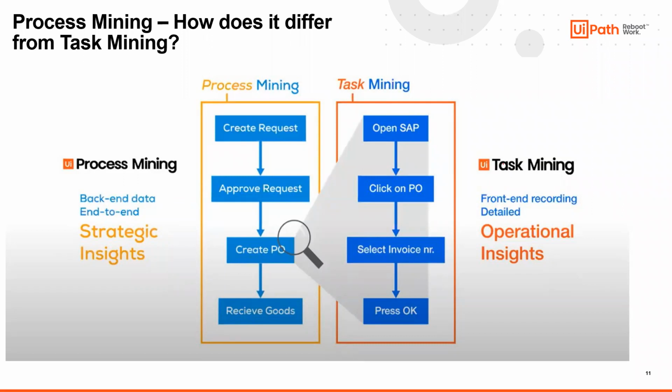What I have understood so far from your explanation is that the input from task mining goes to process mining, and it gives more insights about whether a process could be automated or partially automated. That kind of output is what we could expect from process mining. So is only task mining enough for them, or what is the prerequisite that you expect from a customer to select these products?